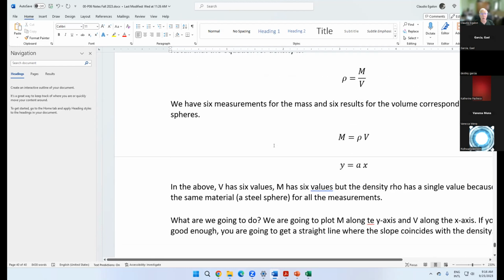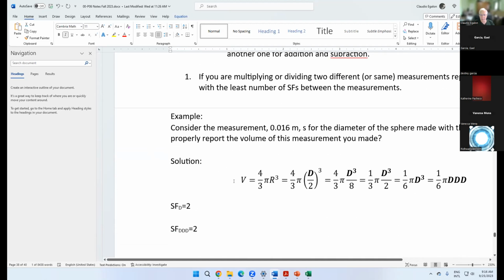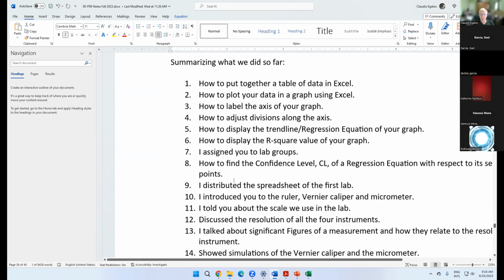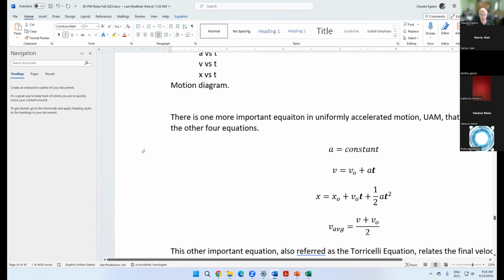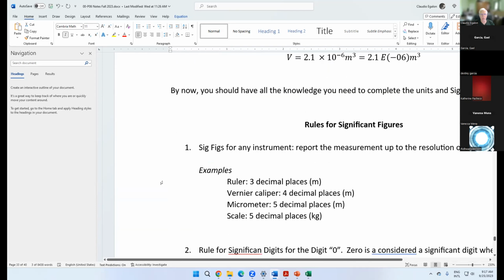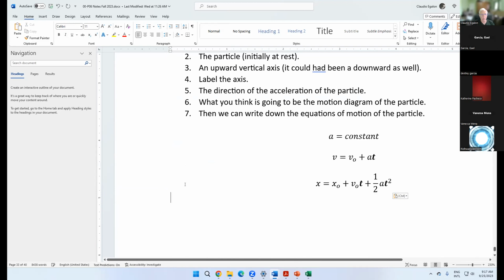Let's go back to our equations of motion for uniform acceleration. All I have to do is to copy what I did there before. And remember, we have this special case in which the acceleration is constant, but it has a specific value.